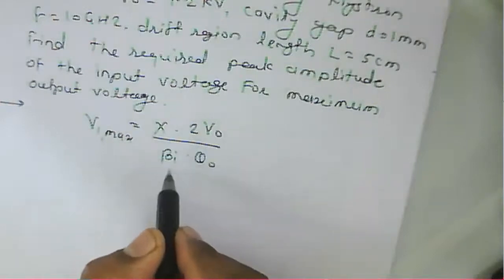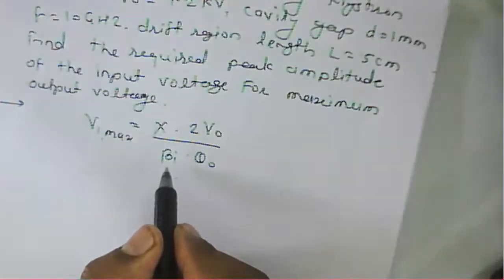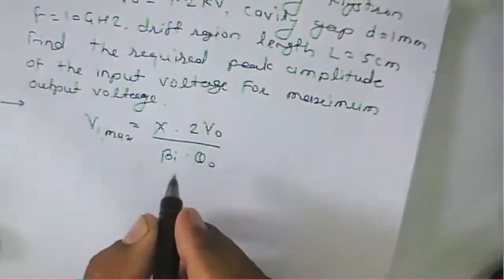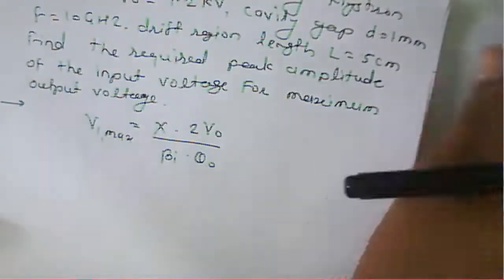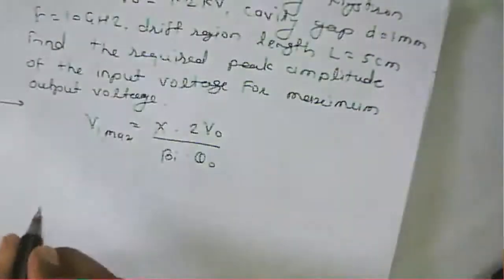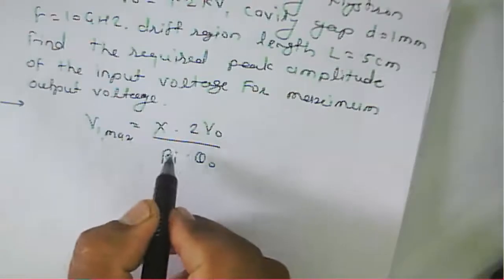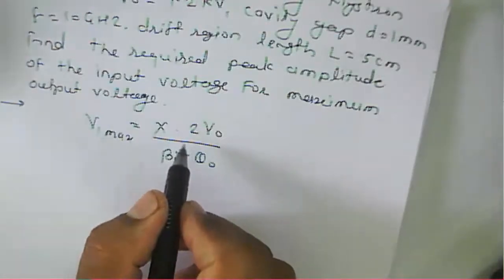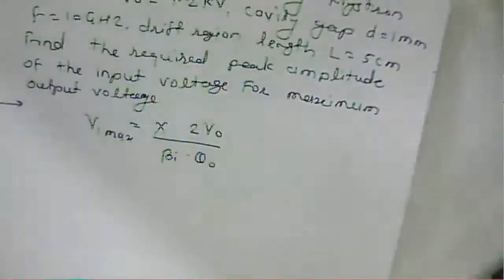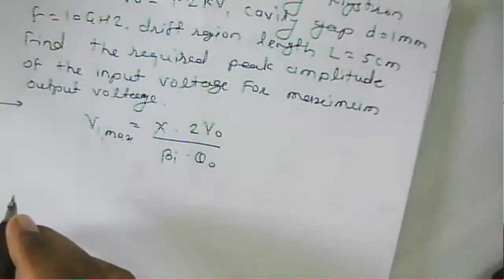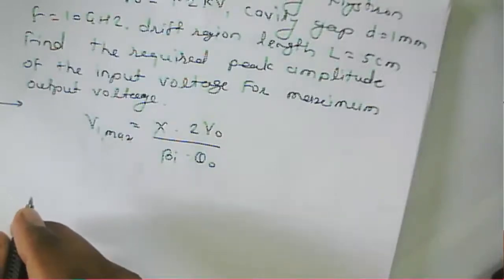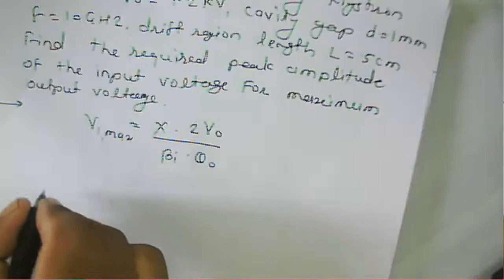So how do we find these? First, we need to find the beam coupling coefficient, and for that we need to obtain the electron velocity.